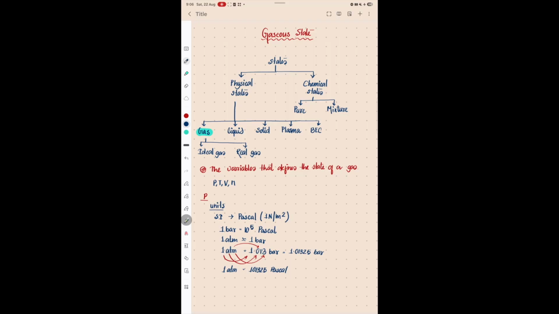Again, 1 atm is related to the column pressure of mercury, right? So 1 atm is equal to 760 mm of mercury pressure, and this is equal to 76 centimeter of mercury pressure, right?